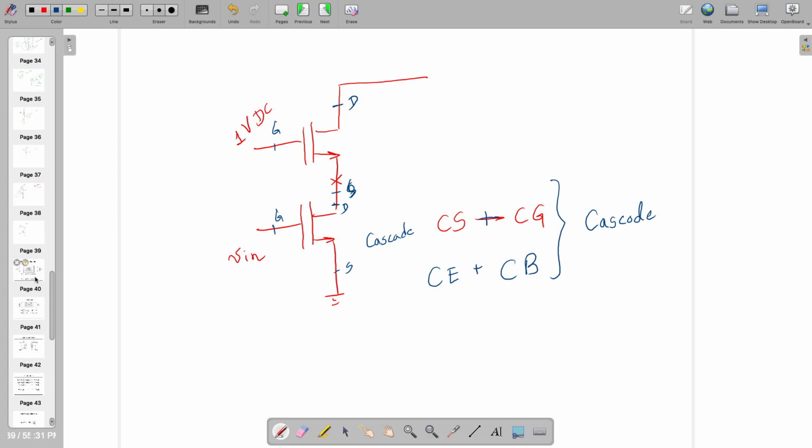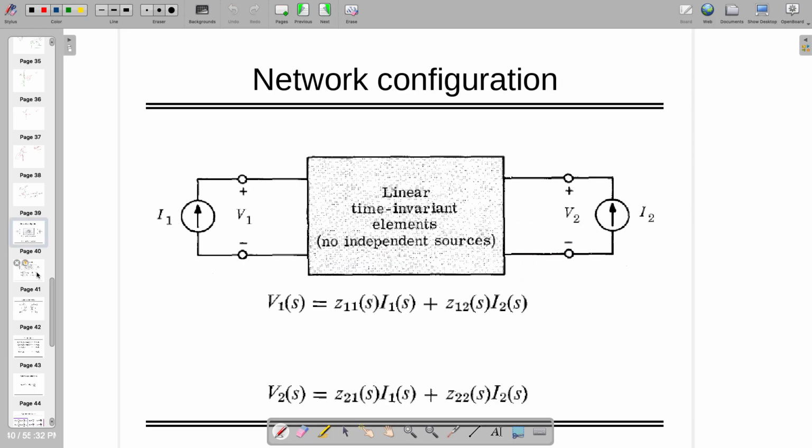Okay, so let's come back to our analysis where we were talking about Z parameter, and I'm going to introduce even a transistor also, so that you can understand how transistor works. But we are going to talk only in terms of mathematics, not in terms of physics, because we are going through the analysis only. So if you have linear time invariant elements, no independent sources inside this, we understand what independent sources are, right?